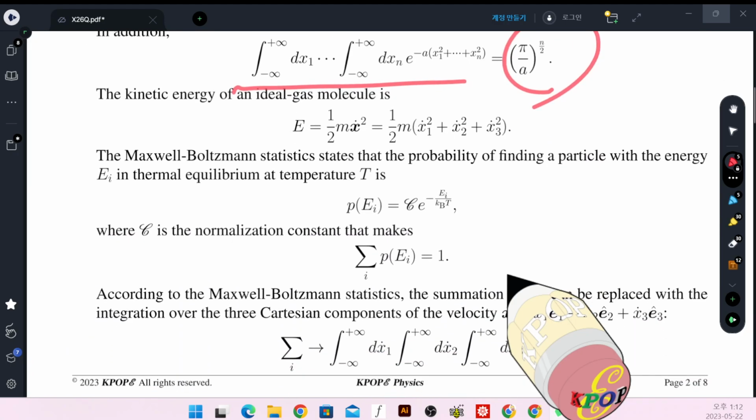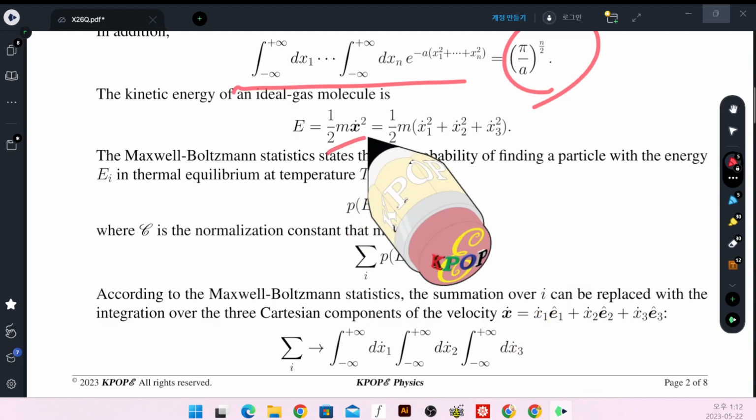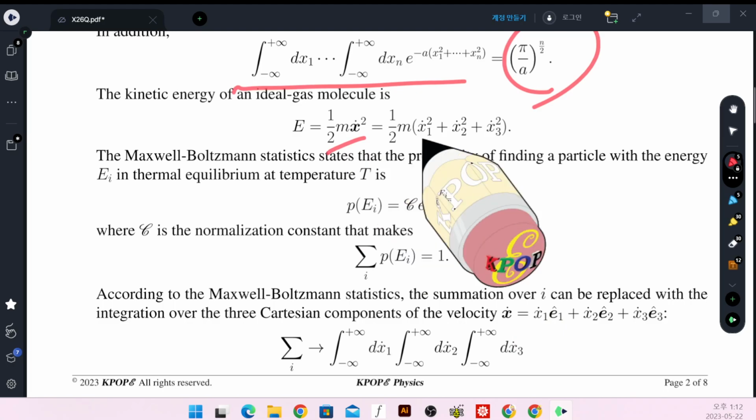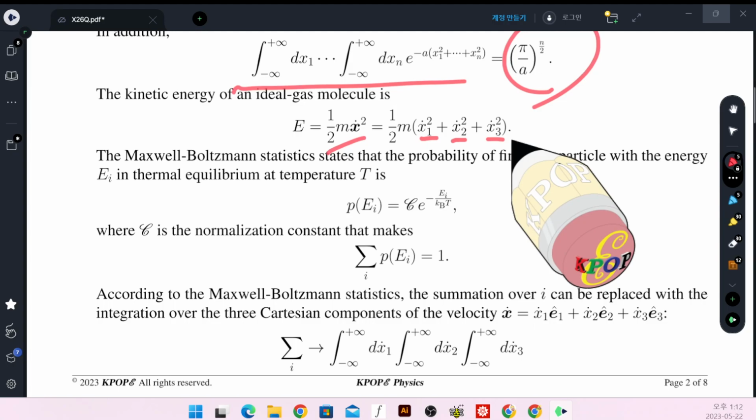We'd like to extend this one to evaluate the average kinetic energy of a molecule in an ideal gas system. The kinetic energy is identical to the total mechanical energy of a free particle because we assume that the ideal gas does not have any structure in it. The kinetic energy is then expressed in terms of 1/2 mv squared, and v squared can be divided into three pieces, the xyz components of squared velocities.